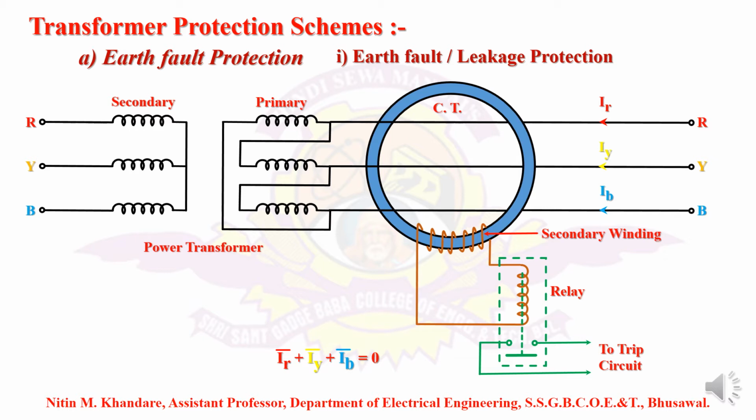But as soon as this vector addition does not become equal to 0, if any earth fault takes place, and earth leakage is nothing but the partial discharge of the winding insulation to the earth, in that condition, in the condition of leakage, this vector addition does not remain 0, and that's why some current starts to flow through the relay coil like this.